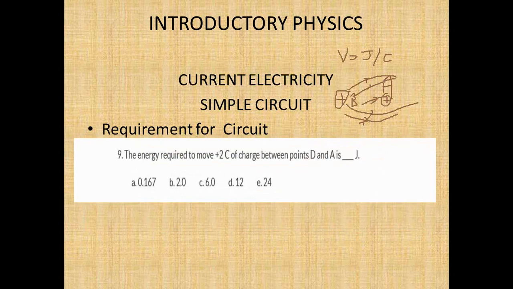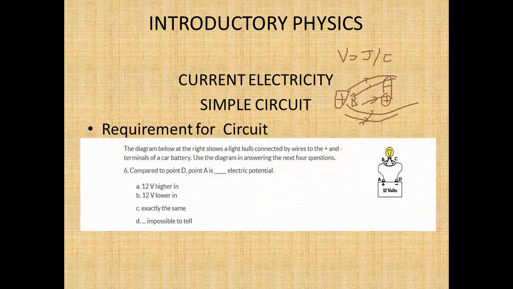Then the energy required to move 2 coulombs of charge between points D and A is, so let's go back. This battery has a voltage rating of 12 volts. This is the definition: 12 volts is equal to 12 joules per coulomb.